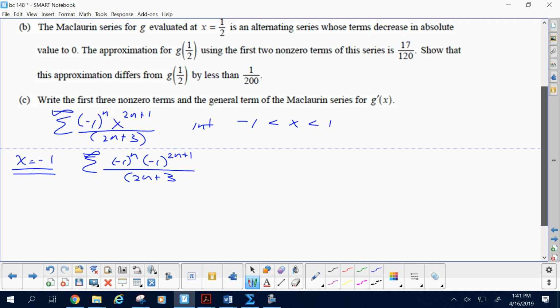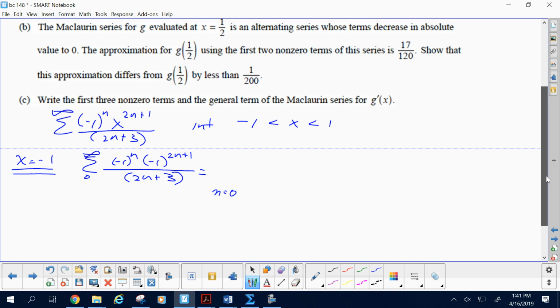Now, it's up to you how you approach this. Some people work in the summation notation and try to clean it up in there. Some people prefer to just make a few terms and say, what the heck is going on? I feel like this will alternate, yeah? Do you agree?